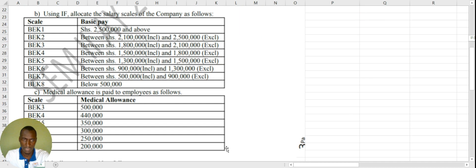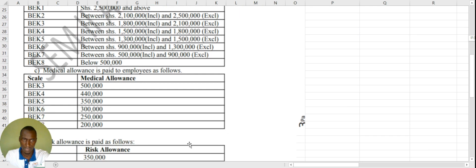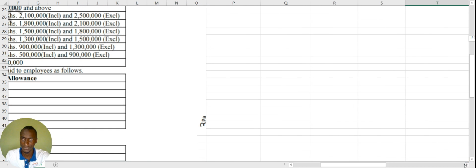So we are using the salary scales to allocate the medical allowance.